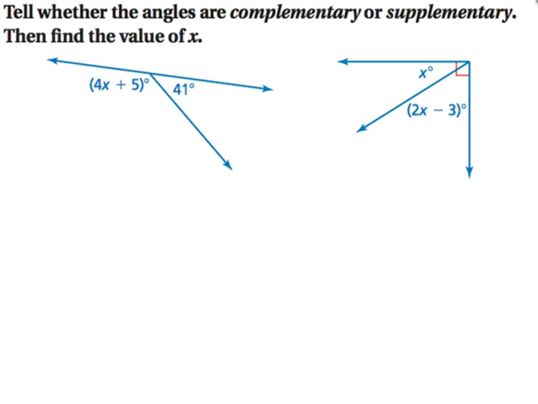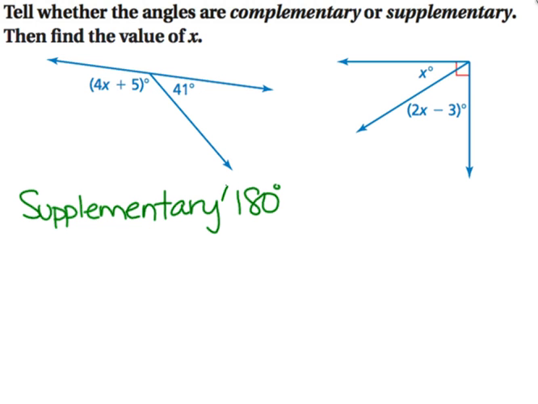All right, and for our final examples, again, be sure you copy down the diagram, tell whether they are complementary or supplementary, and then find the value of x. So first picture, these two form a straight line, so they are supplementary, and that means that they add up to 180 degrees.